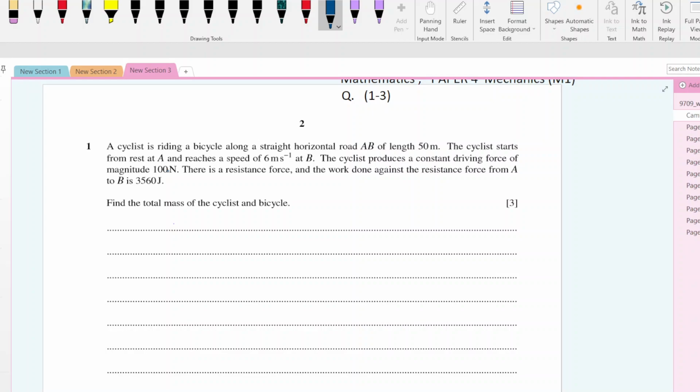There is a resistance force, and the work done against the resistance force from A to B is 3560 joules. Find the total mass of the cyclist and the bicycle.